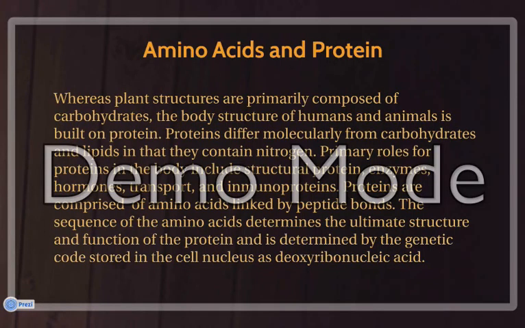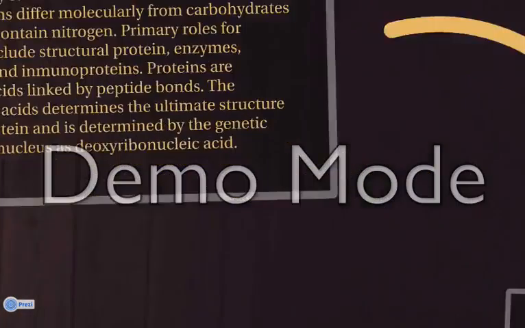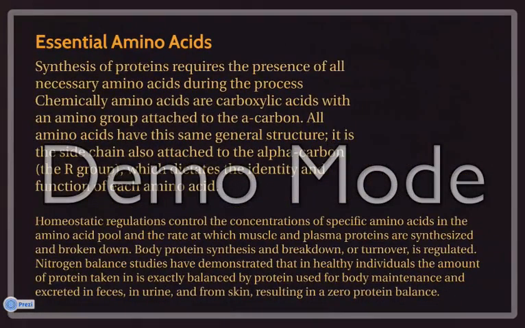The sequence of the amino acids determines the ultimate structure and function of the protein, and is determined by the genetic code stored in the cell nucleus in deoxyribonucleic acid. Essential amino acids. Synthesis of proteins requires the presence of all necessary amino acids during the process.